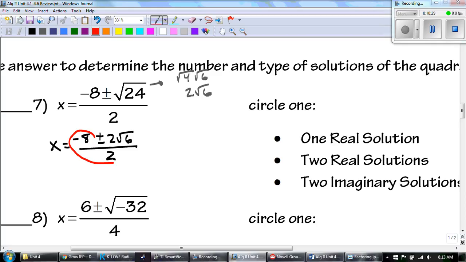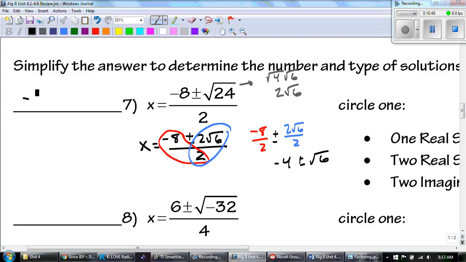And remember, we break this down to -8 over 2 plus or minus, and then 2 square root 6 divided by 2. And when we reduce that, we get -4 plus or minus square root 6.